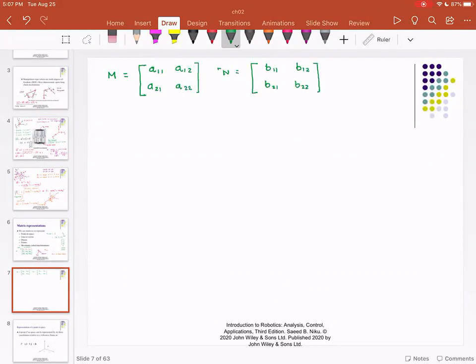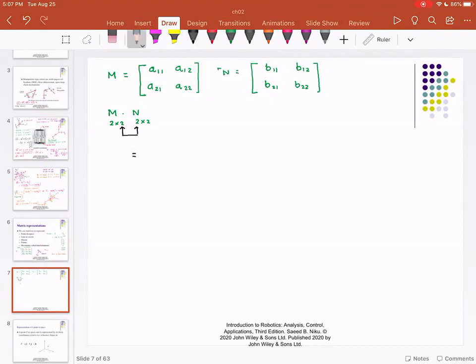If I want to multiply matrix M by matrix N, please note M is a 2 by 2 matrix and N is a 2 by 2 matrix. For matrix multiplication, the number of columns of M should be equal to the number of rows of N. Unless these numbers are the same, the matrix multiplication cannot be performed. So how do we perform the matrix multiplication?